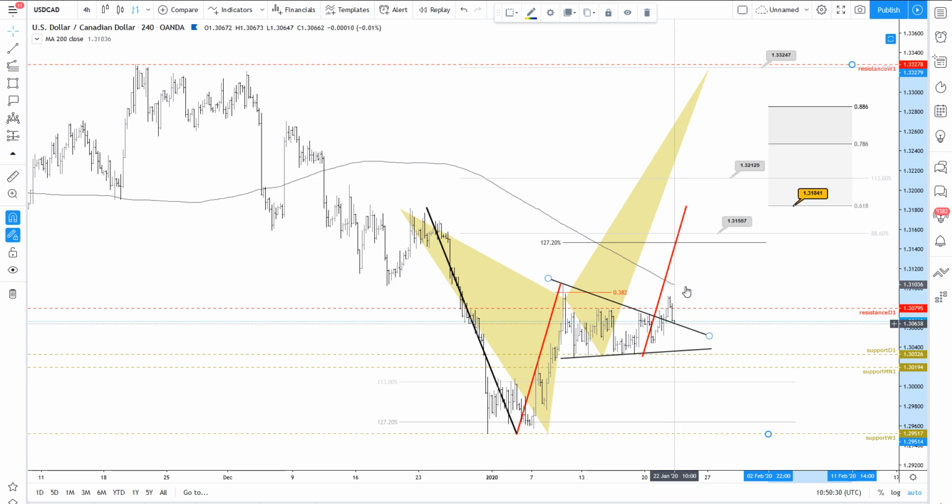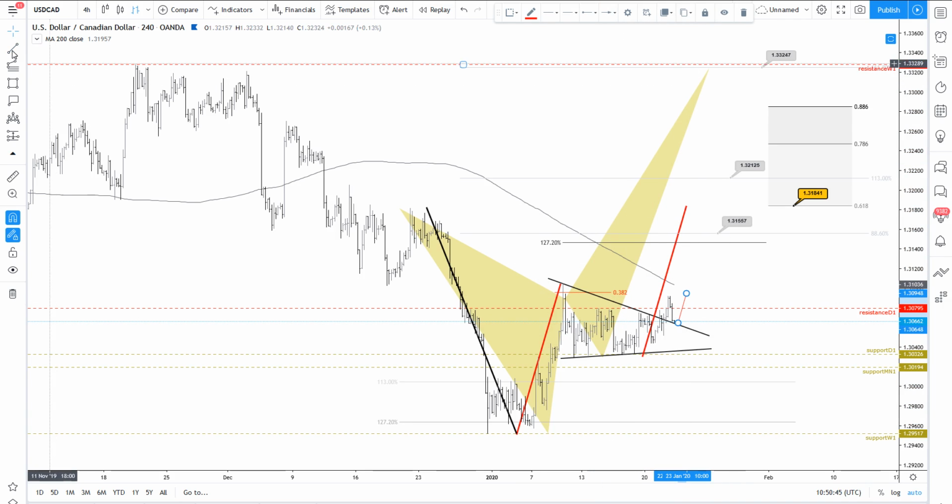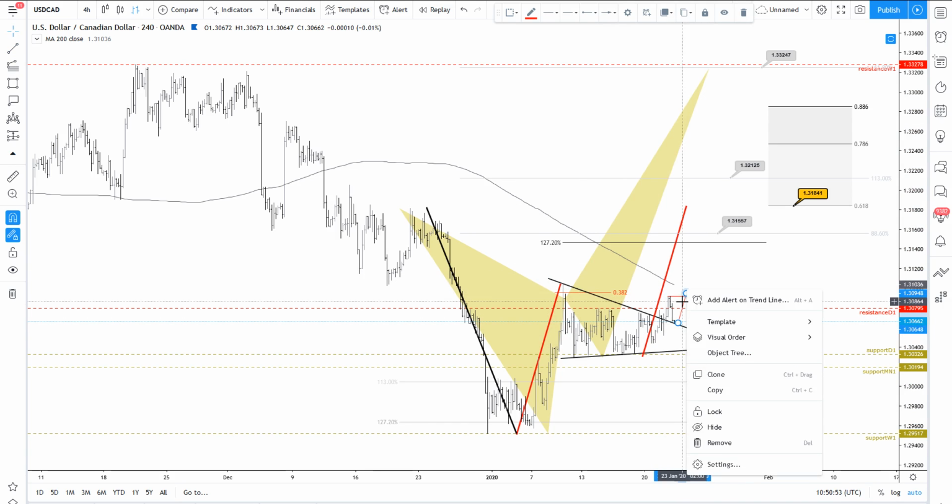So I need the market to give me a signal that okay, we have violated this descending structure, we have retested this structure, we will reject this previous structure support now, and we will trade higher from here. So basically, if the market decides to break above the most recent highs, that may trigger more upside momentum.